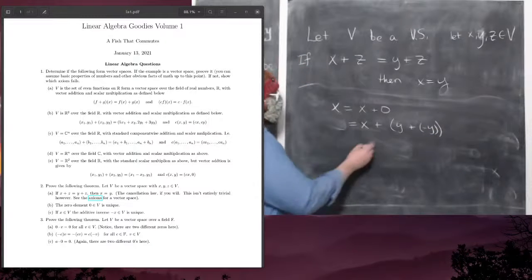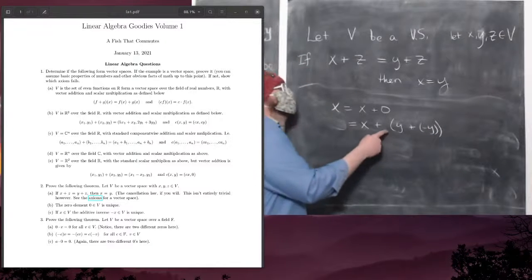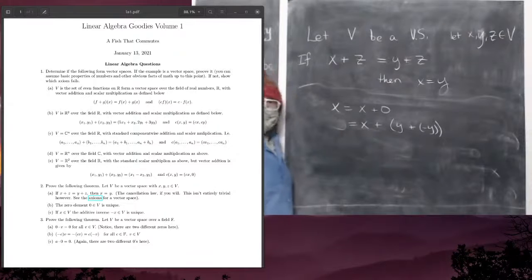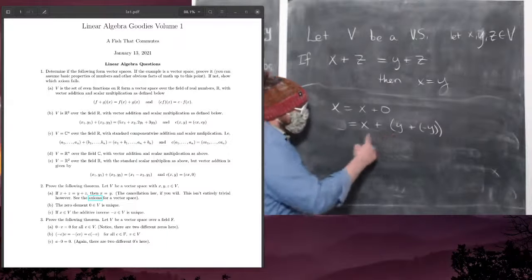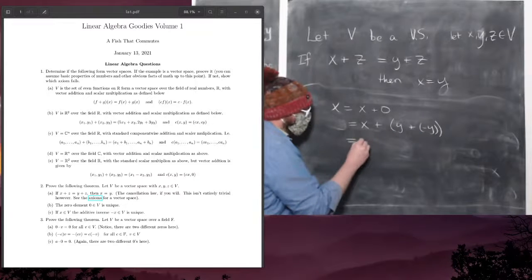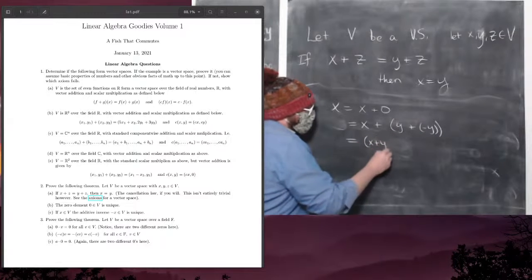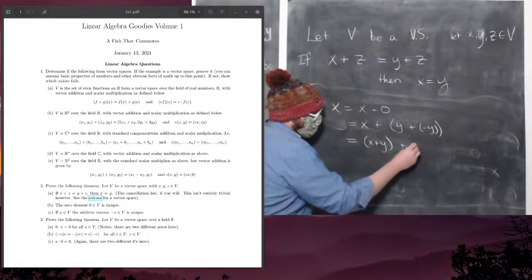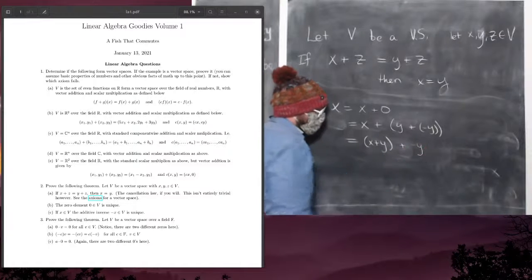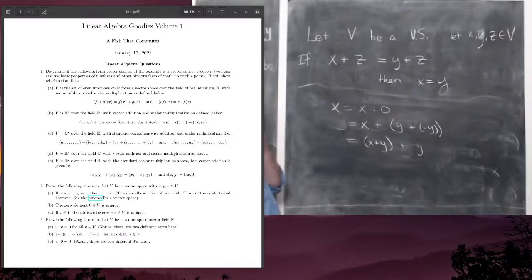Then I know we can reassociate, yeah? Because that's one of those 47 axioms for a vector space, that we can add these in different orders. So x plus y plus minus y, yeah?